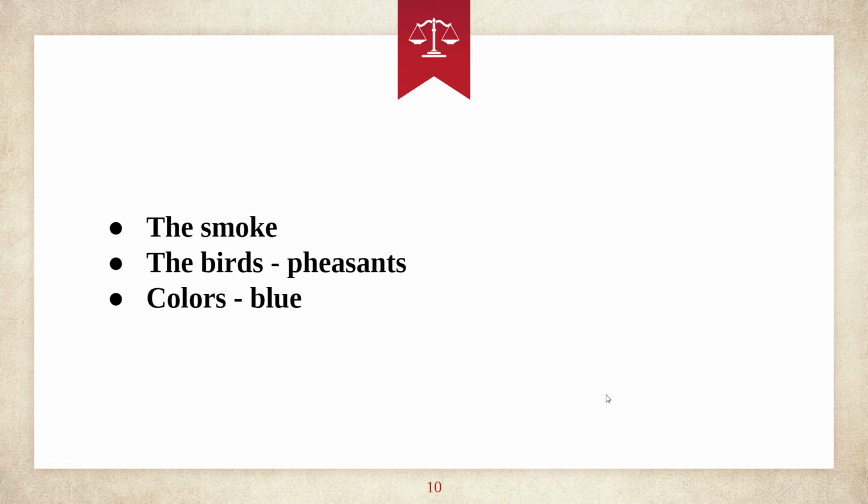You've got the birds. There are a lot of different birds in In Cold Blood. Pheasants appear a lot in the first section. The pheasants that are being hunted, perhaps they represent the Clutter family being hunted by Dick and Perry and preyed upon.